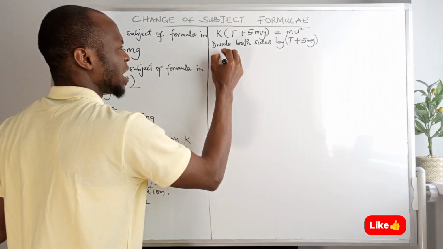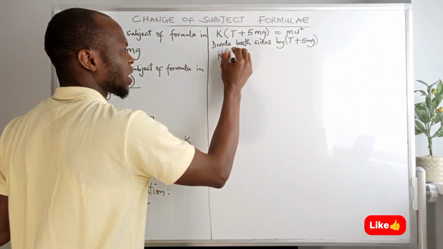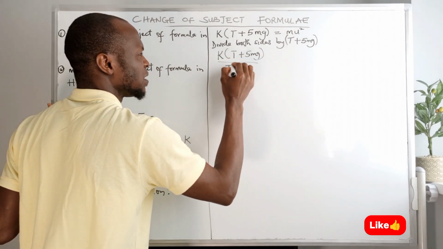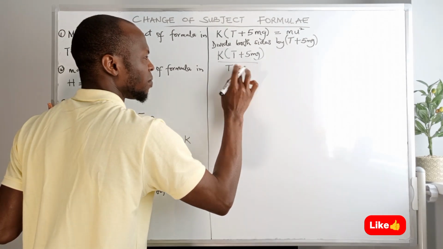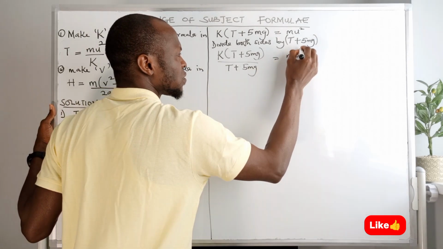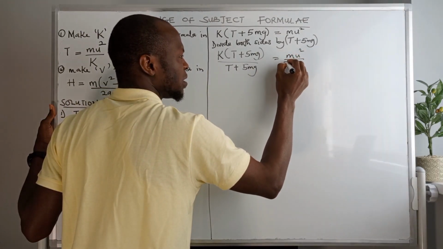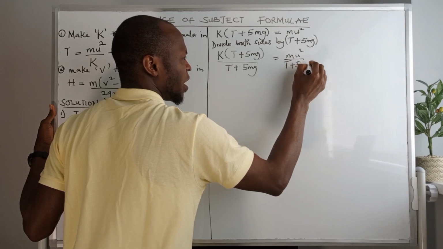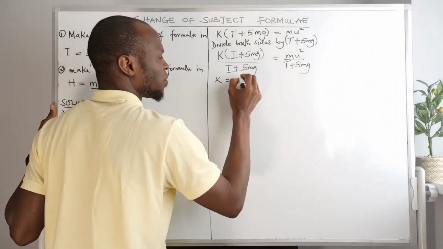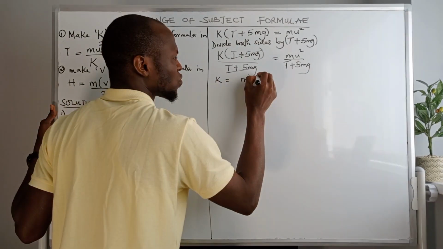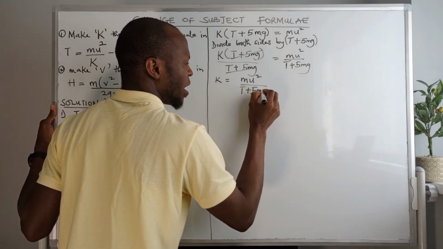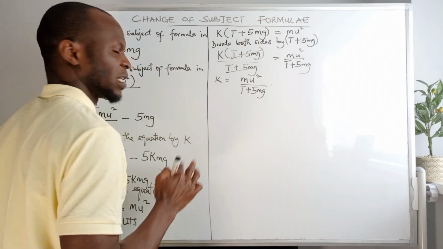Okay, so automatically I have k into bracket t plus 5mg divided by t plus 5mg equals mu squared divided by t plus 5mg. So this will cancel this. So I have my k equals mu squared divided by t plus 5mg. Okay, that's the first question.